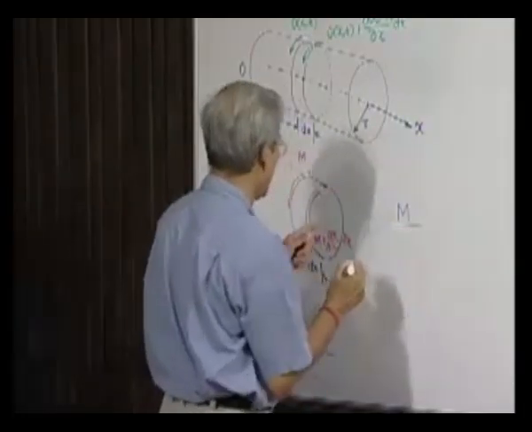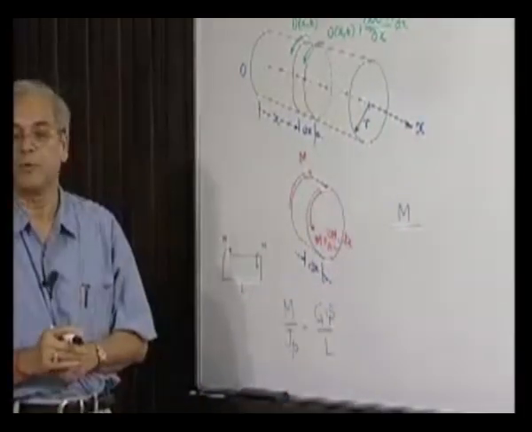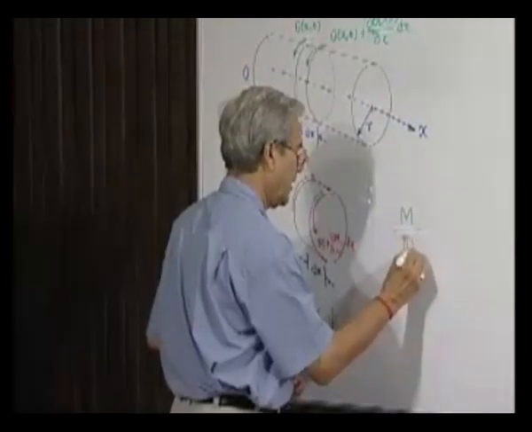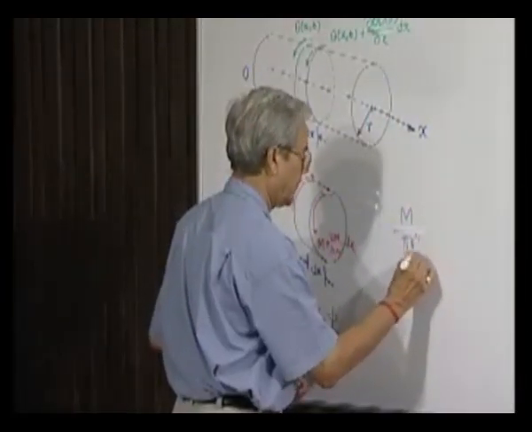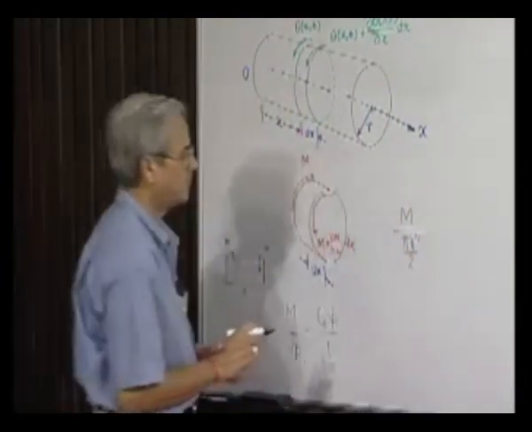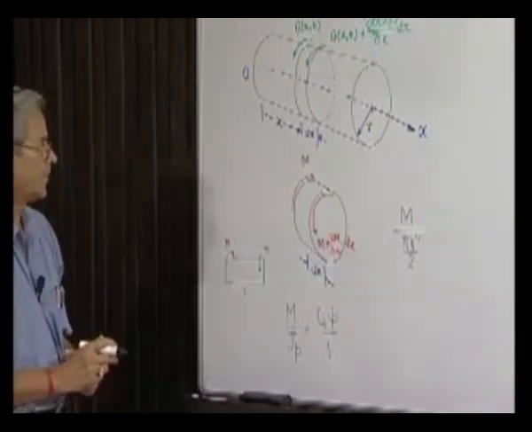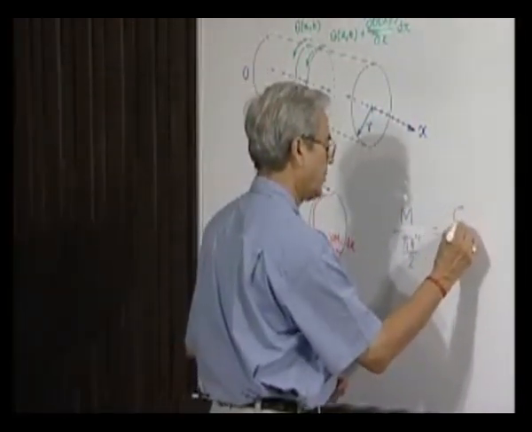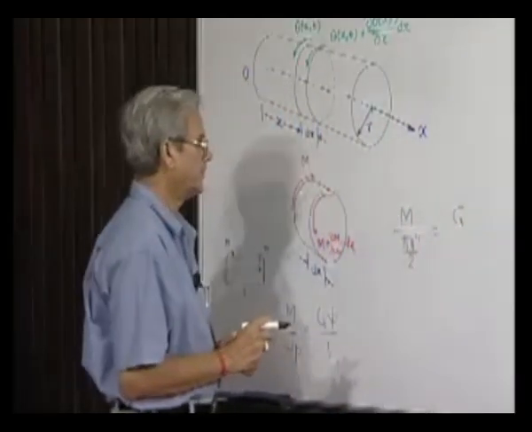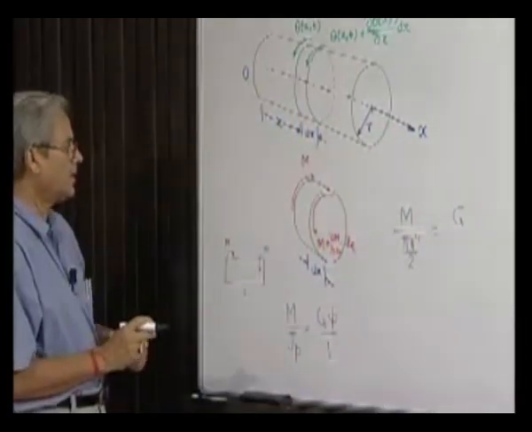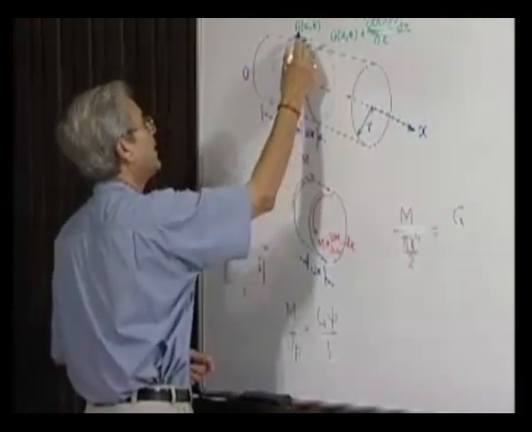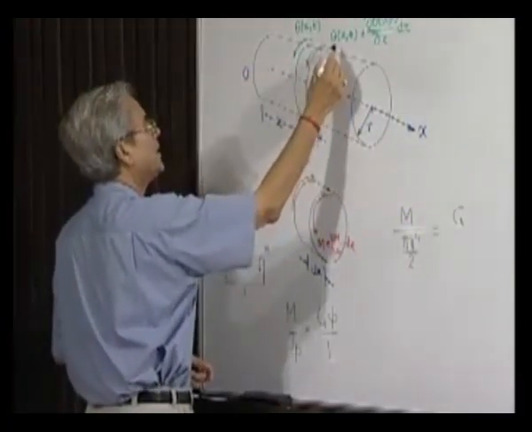The second moment of area of a circle with radius r is half pi r to the power 4, and G is the shear modulus. What is the amount of twist? Now, this end has moved by theta and this end has moved by theta plus something.